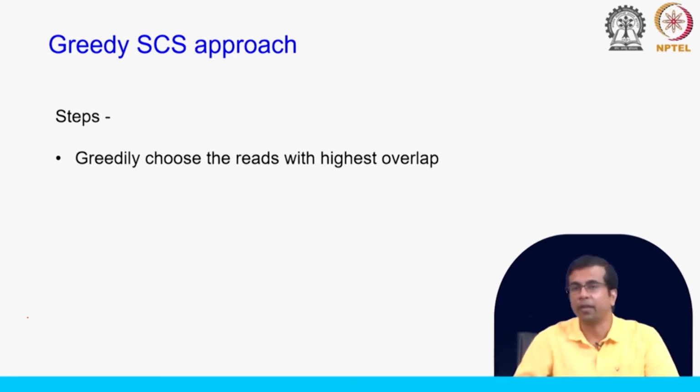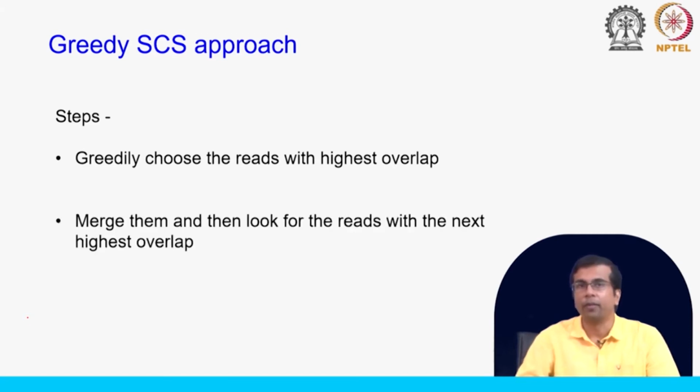We will go back to the graph and illustrate this whole process so that we understand it better. Instead of trying to find the best path, it will just choose the reads with the highest overlap in the graph. If it is 5, it will just choose any 2 randomly from the graph, merge them, and then look for the reads with the next highest overlap.